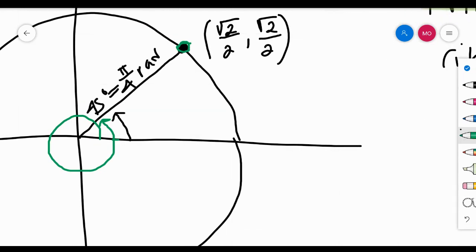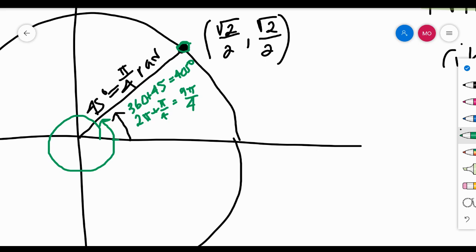So it's also 360 plus 45, which would be 405 degrees, right? Or in radians, it would be 2 pi, because that's a complete circle, plus pi over 4, which means 8 pi plus pi is 9 pi, so this would be 9 pi over 4.